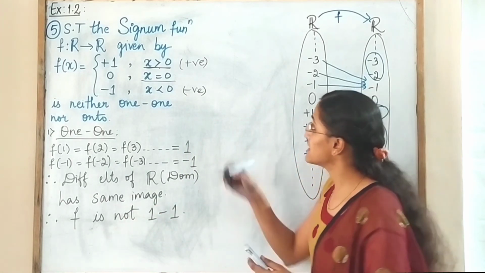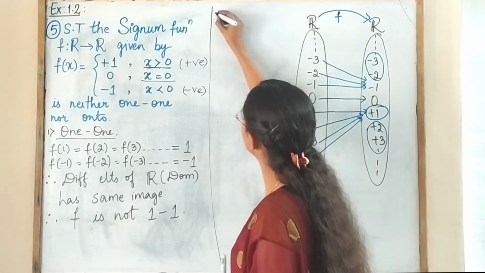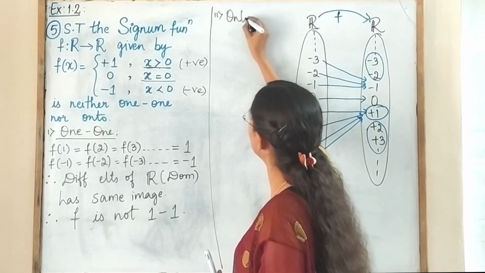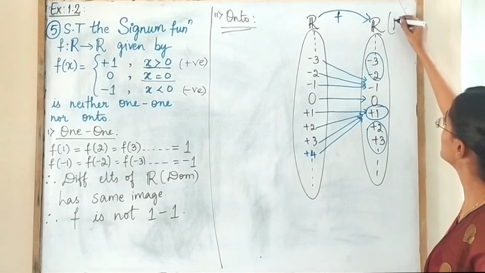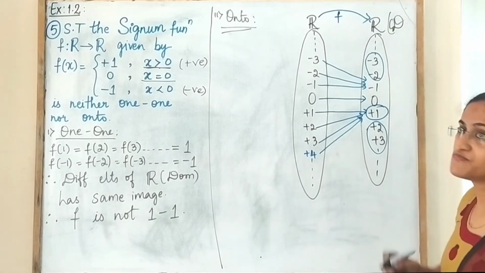Fine. Now secondly, proving for the onto, again you can give a counter example. Choose some random value in the codomain R which is not being mapped.